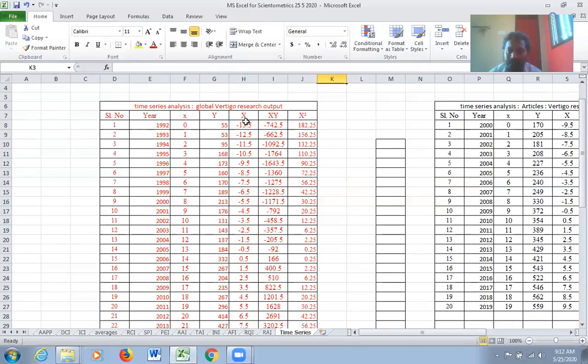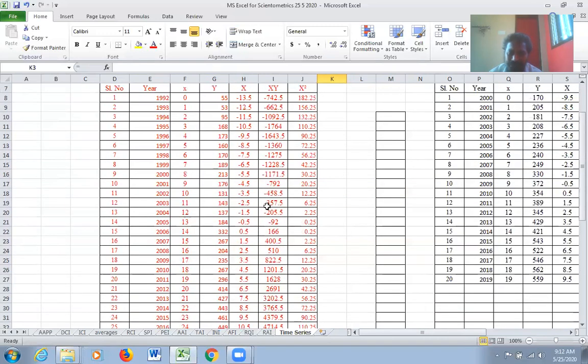Then comes capital X. It is the one you need to do by yourself. If there are 28 years, you divide it into 2, 14 and 14. So you go to the 14th year and you type minus 0.5 and you keep on adding 1. For the 14th year, you give minus 0.5.